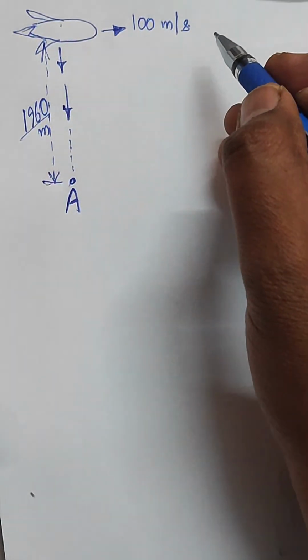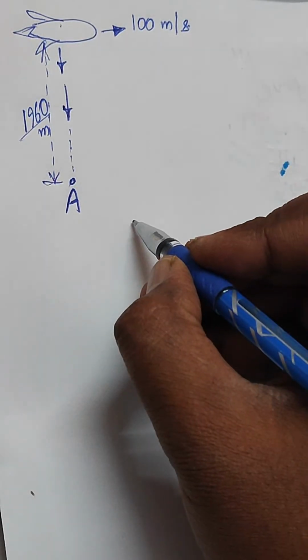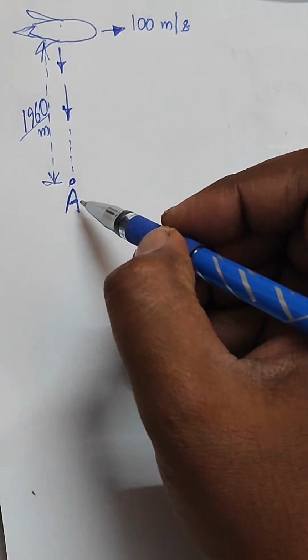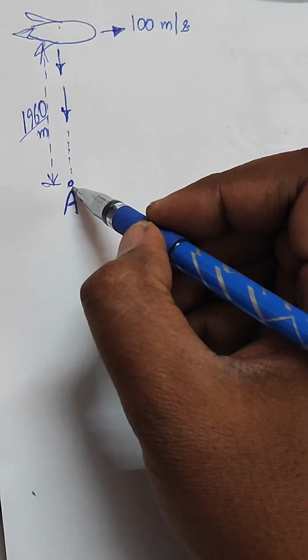Now the question is, my dear friend, find the distance from A of the point where the bomb strikes the ground. At the point of dropping the bomb, the aeroplane is here, but definitely the bomb will not strike here.